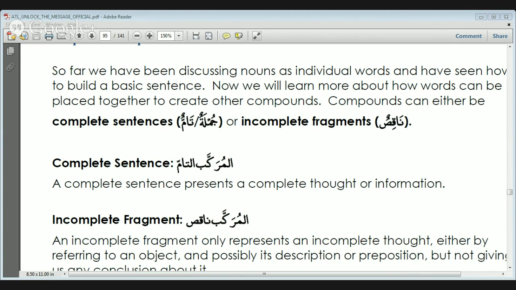So status, let's go through the categories. What chapter is status? It is page number 14. So status, what do we want to know about status? Forms of status, right?